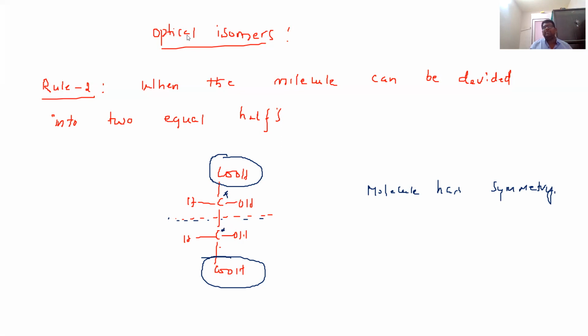Two asymmetric carbons, that means chiral carbons. What is chiral? Chiral means the carbon is attached to 4 different groups. Here COOH, here H, here OH, and the rest of the molecule can be imagined as one group. Total 4, therefore it is a chiral center or asymmetric center. Here n is equal to 2. Total number of asymmetric centers is 2, so 2 is even.